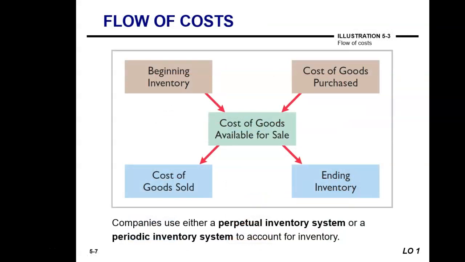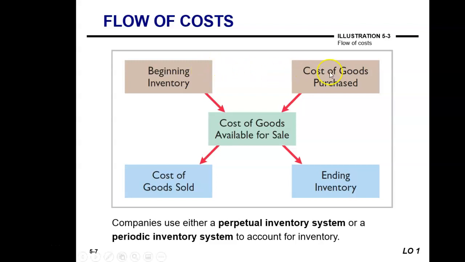Flow of costs. Again, we're looking at the acquiring of inventory. So you begin with your beginning inventory. That's what you had available at the beginning of the accounting period. You're going to add to that your cost of goods purchased. That shows what we acquired during the current accounting period.